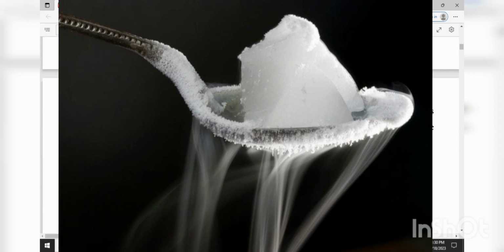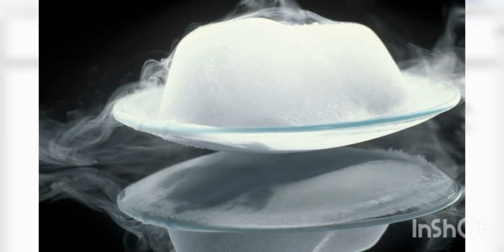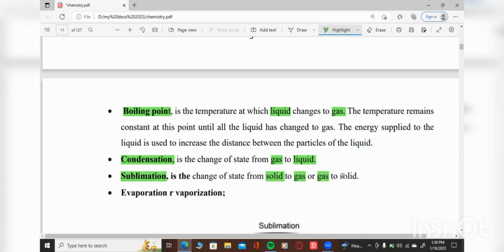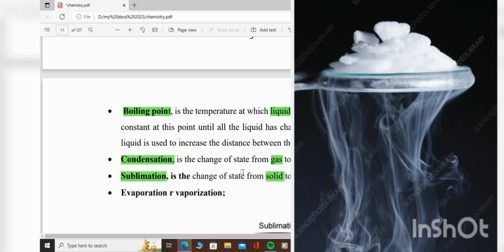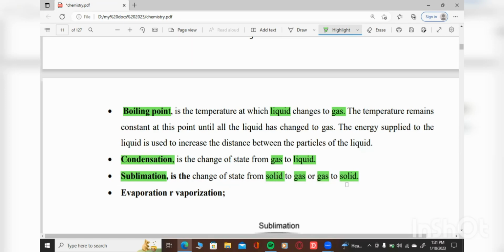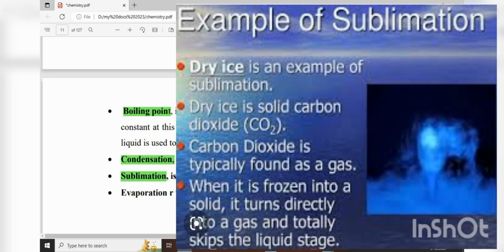We have sublimation. Sublimation deals with the solid and gas. You are either changing solid to gas or vice versa, gas to solid. So this has the same name. You are changing a gas directly to a solid, or from a solid directly to a gas without passing through the liquid state.